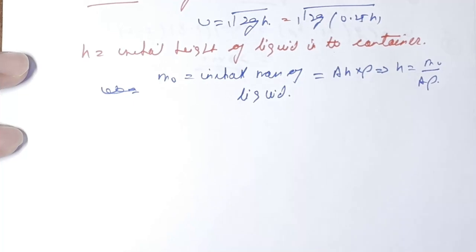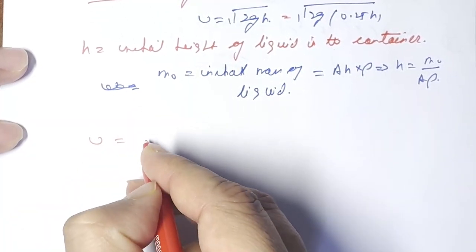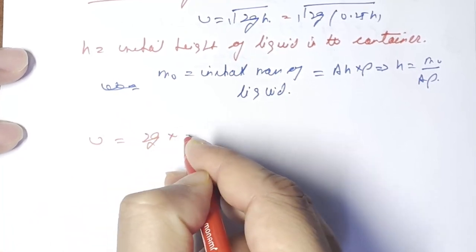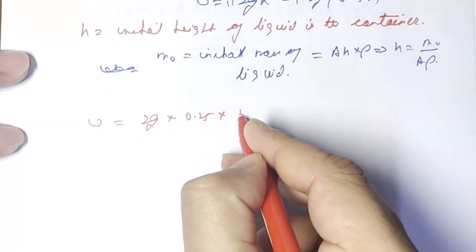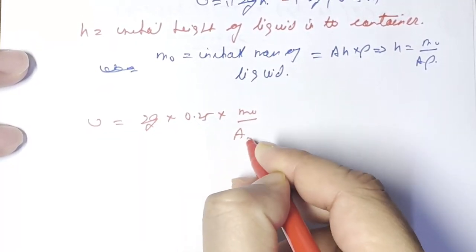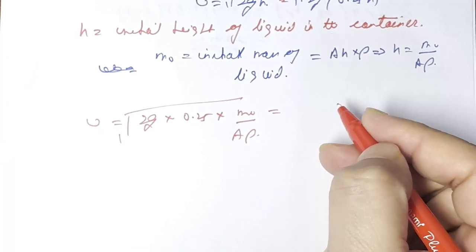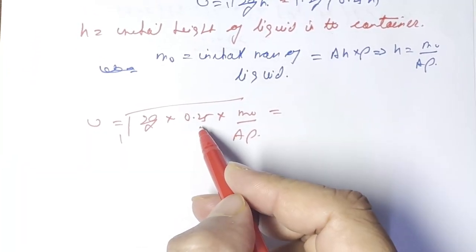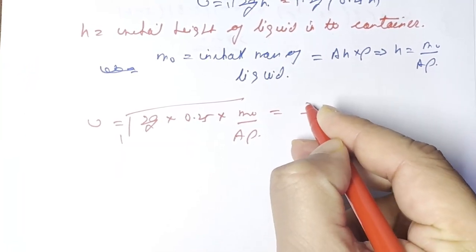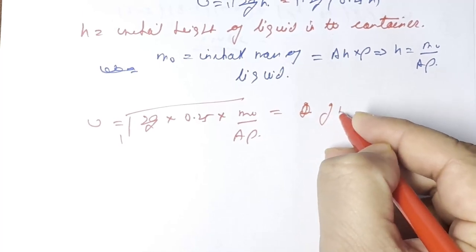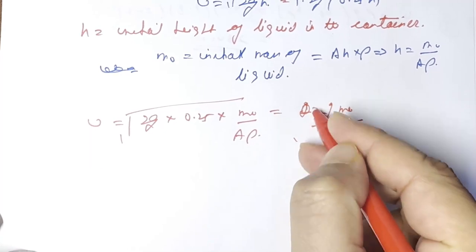So we can substitute the value of h. So we get that V is equal to the square root of 2g multiplied by 0.25 multiplied by M naught divided by A multiplied by rho. This comes out equal to, as this will be 0.5, and 0.5 can be written as 1 by 2, so this becomes the square root of g M naught divided by 2 rho A.